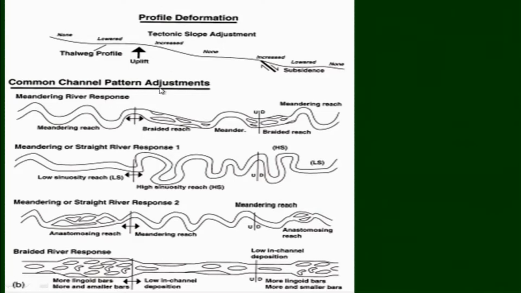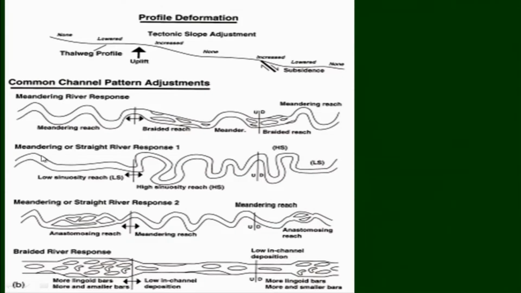So if you have a common channel pattern adjustment, then what you see here is that it will change from meandering to braided, and then meandering, then braided to braided and meandering. So this is the uplift and downfall thing here, and this is the area of warp which has been shown here. So this will result in a change in the channel pattern.